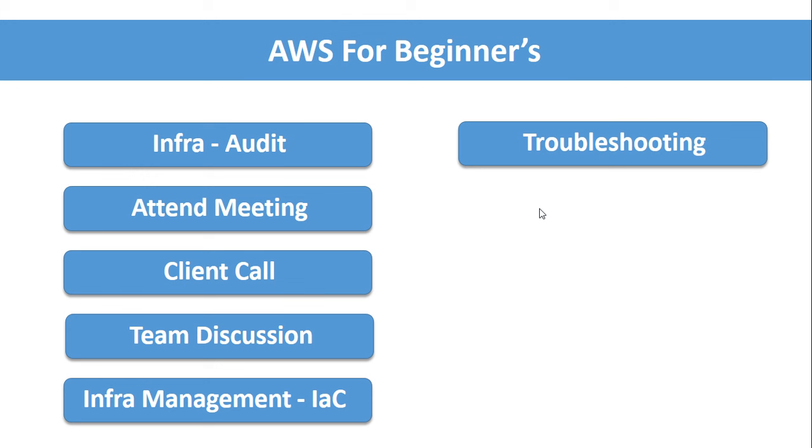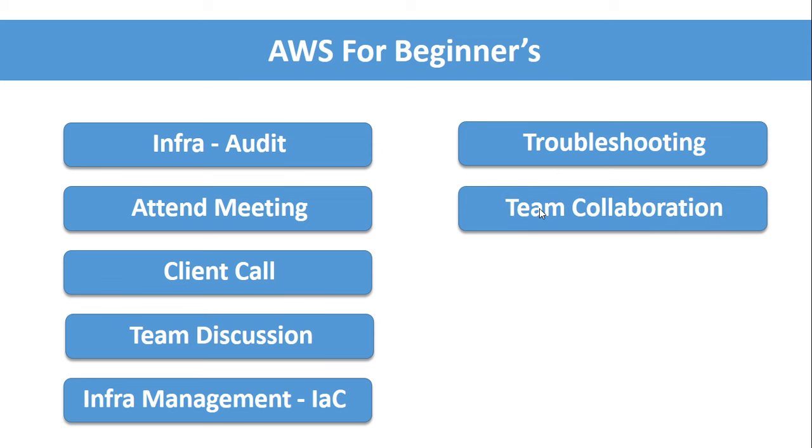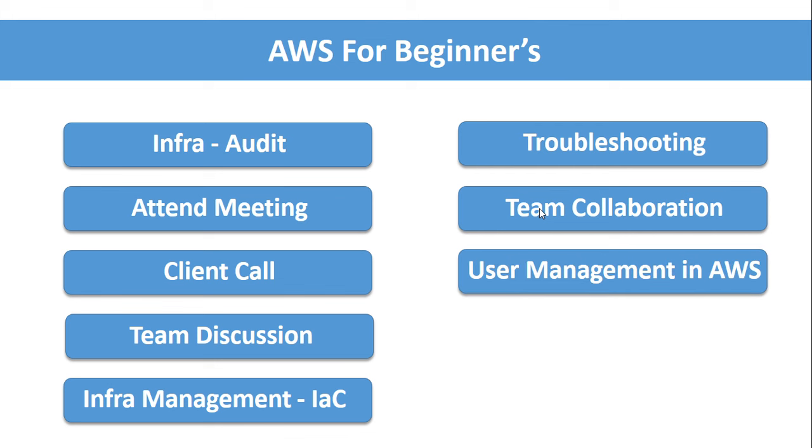This is also part of that. Team collaboration: if you have any requirement, before setting up anything in the infrastructure, you need to collaborate within the team first to understand the requirement clearly before designing and creating any infrastructure using the IaC tool. This is just for the collaboration part.